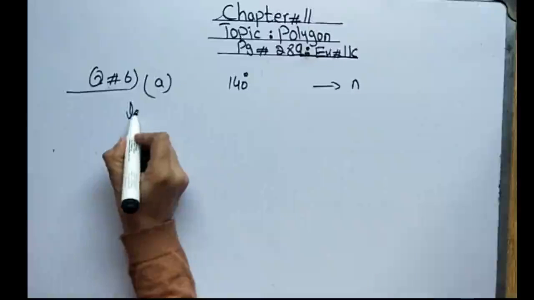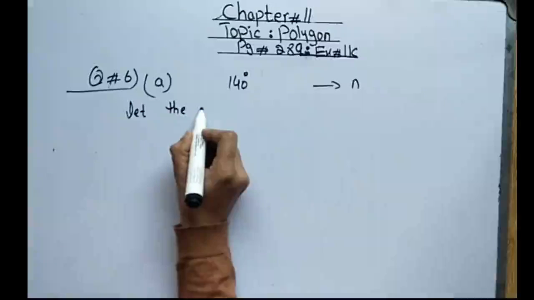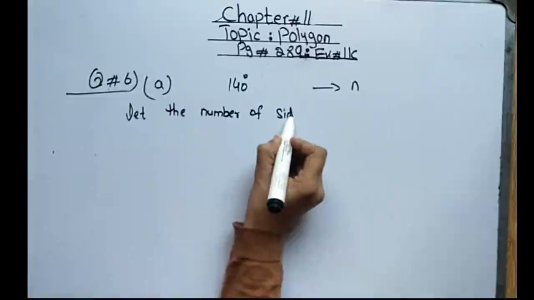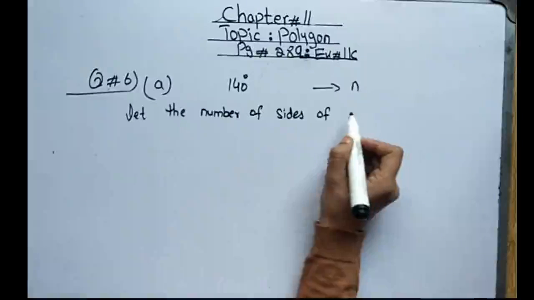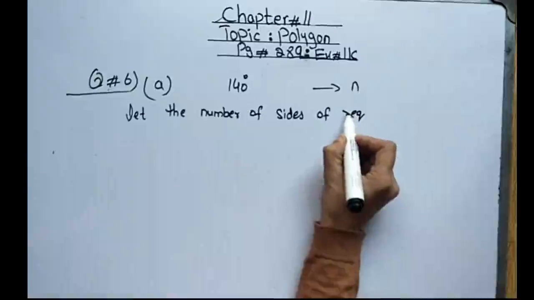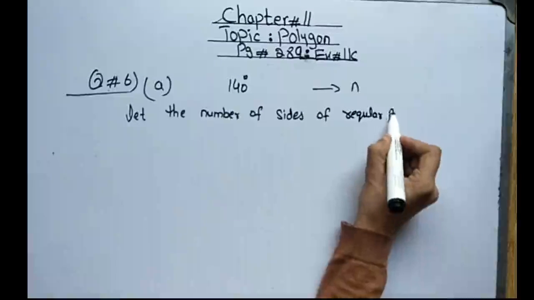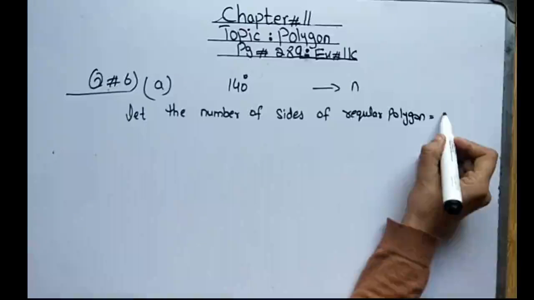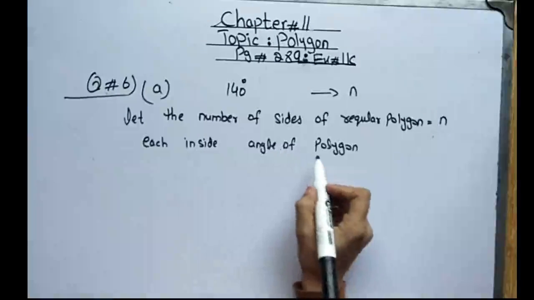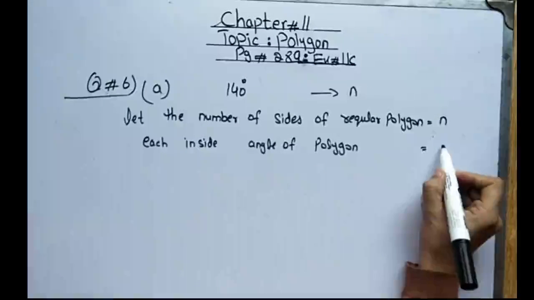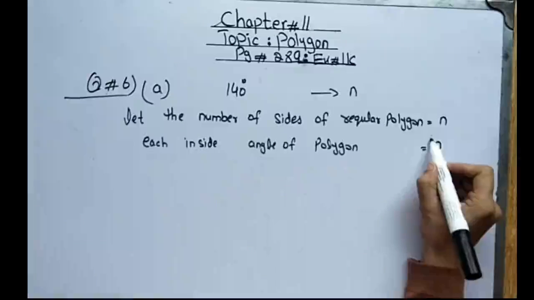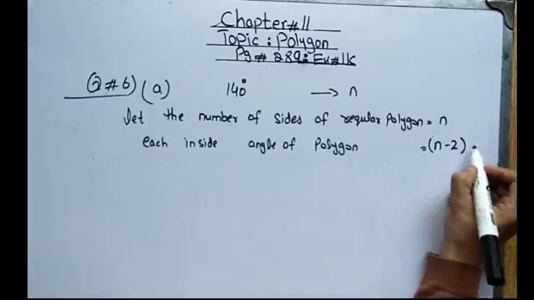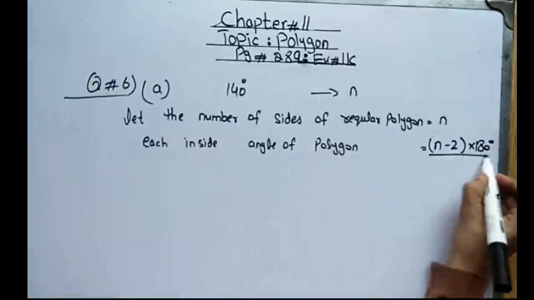So let the number of sides of the regular polygon be n. Fine. The angle of the polygon is equal to, this is the fixed formula, keep in mind, (n minus 2) multiplied by 180 degrees divided by n.